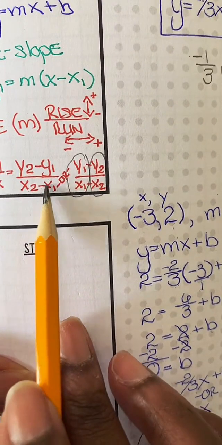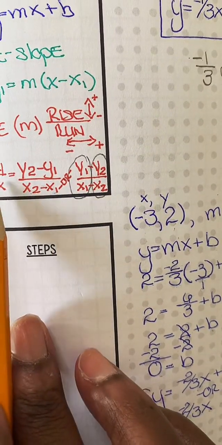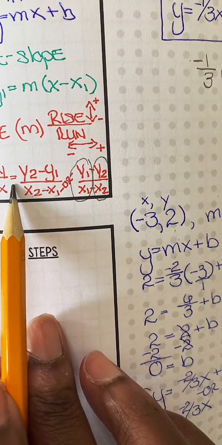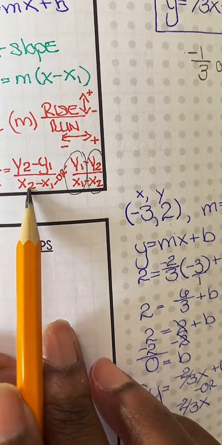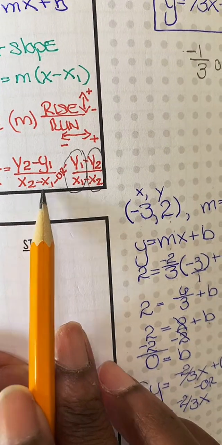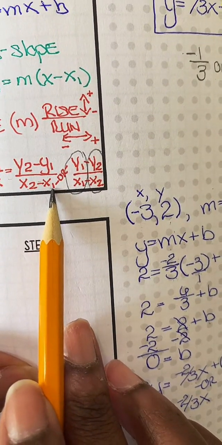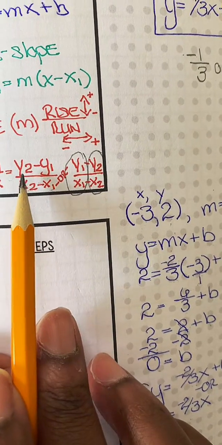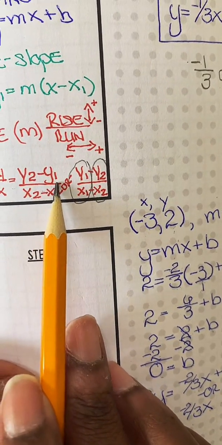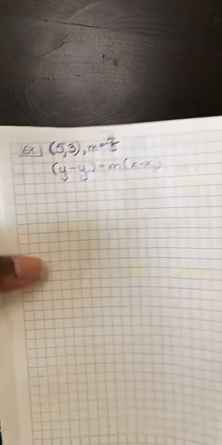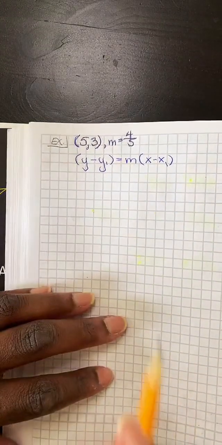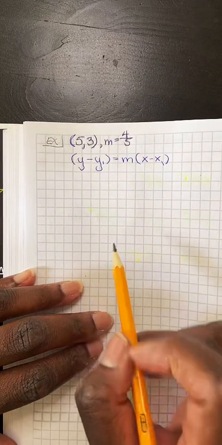If I were to cross multiply this, m is going to be multiplied with x2 minus x1, and that's going to equal y2 minus y1. So this is basically what's happening.